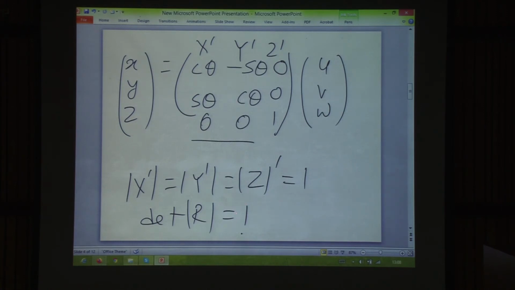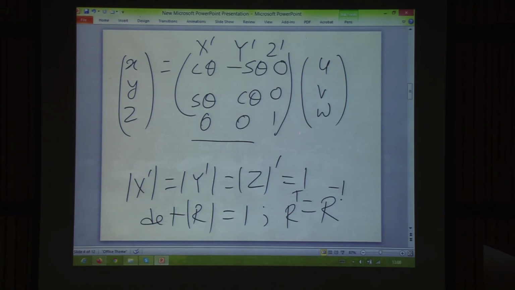Now, if the determinant is equal to 1 and the mods are equal to 1, then this matrix is a proper orthonormal matrix, and for a proper orthonormal matrix, the inverse is equal to the transpose. Why? Because the determinant is equal to 1. That means the inverse will be the adjoint of A divided by the determinant of A. Determinant of A is equal to 1, which automatically means that the transpose is the inverse, right.